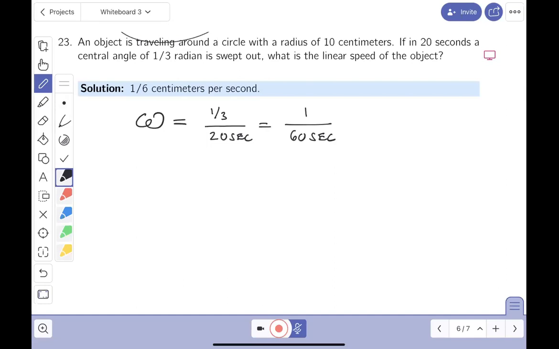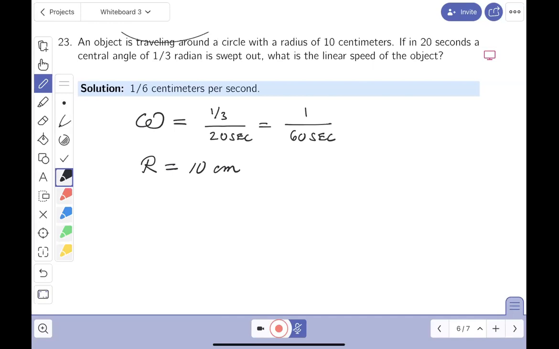It means it does 1 radian every minute. Now, what else do they tell me? They tell me the radius of this circle is 10 centimeters. I'm reading this, by the way. It says an object traveling around a circle, radius 10 centimeters. If in 20 seconds, the central angle of 1/3 radian is swept out, what's the linear speed?